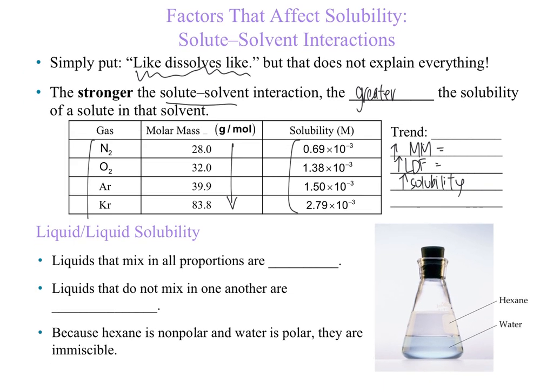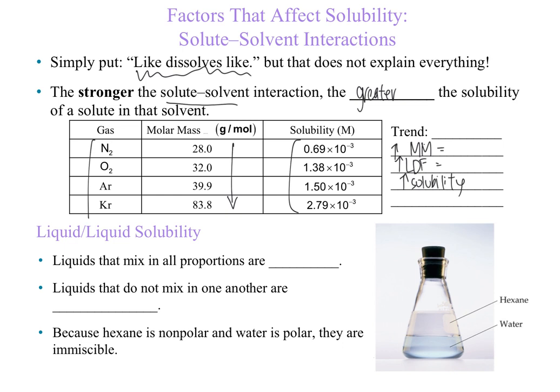The next one is liquid-liquid solubility. So this is specifically a type of solution where we say that liquids that mix together are called miscible, and liquids that do not mix together are called immiscible. So one of the common ones you might be familiar with is salad dressing.